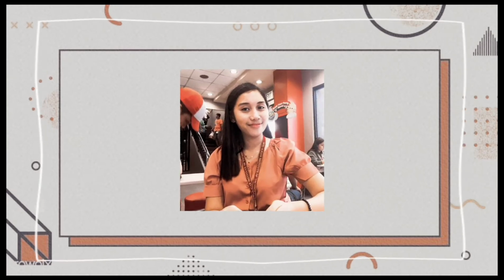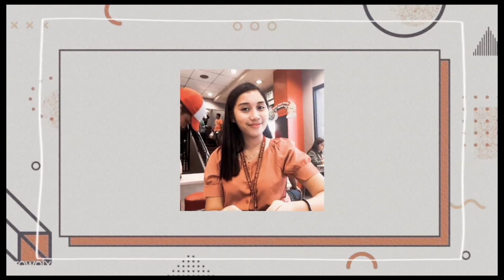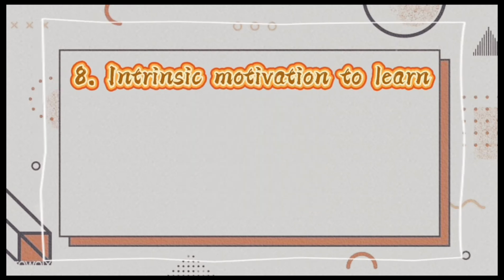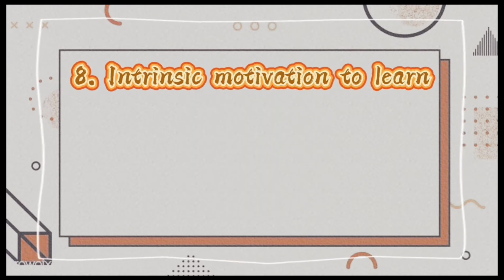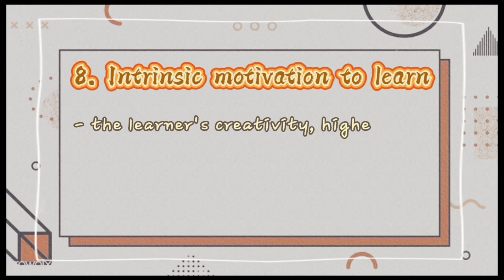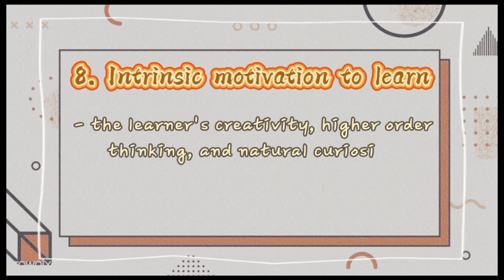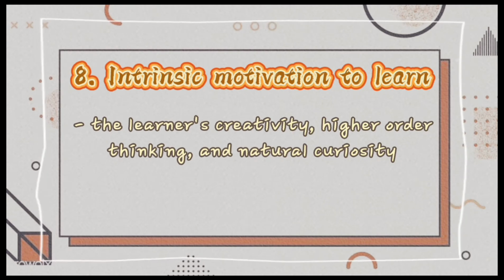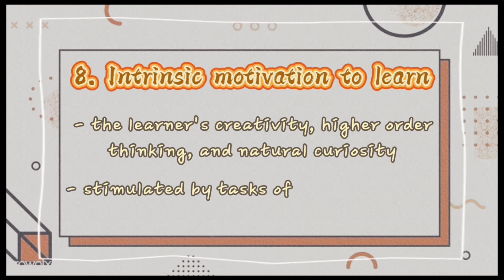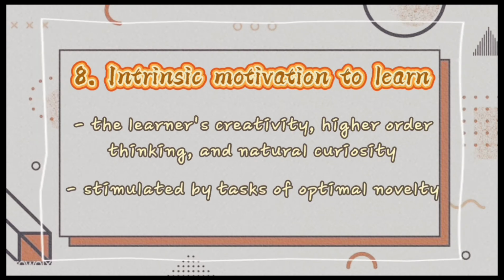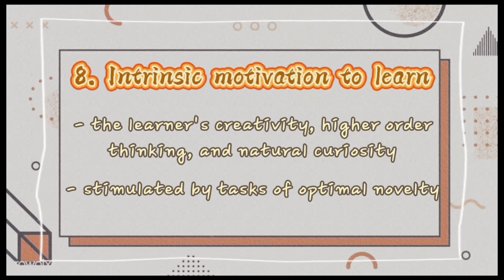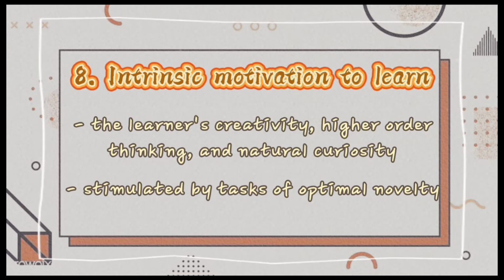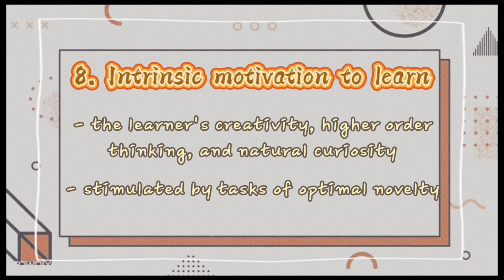The second principle under this category is the eighth principle, which is intrinsic motivation to learn. The learner's creativity, higher order thinking, and natural curiosity all contribute to motivation to learn. Intrinsic motivation is stimulated by tasks of optimal novelty and difficulty, relevant to personal interests, and providing for personal choice and control.